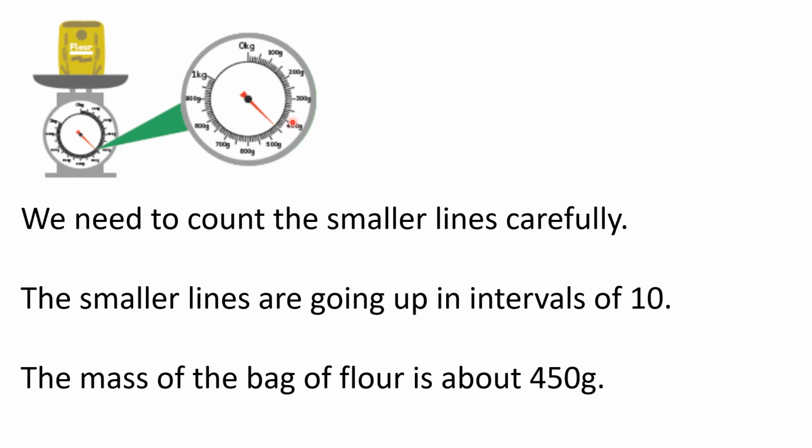So if we count from 400, we can count 410, 420, 430, 440, 450, which is where the red pointer is pointing at. So we can say that the mass of the bag of flour is about 450 grams.